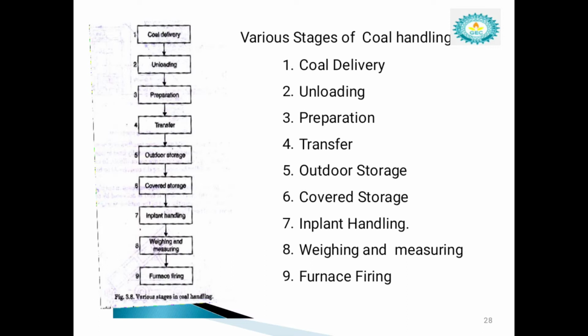The first one is coal delivery, then unloading the coal, preparation of the coal, transfer of the coal, outdoor and covered storage, in-plant handling, weighing and measuring, and finally furnace firing. These are the various stages of the coal handling process.